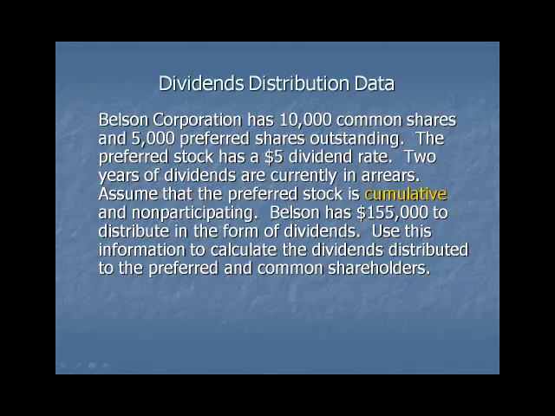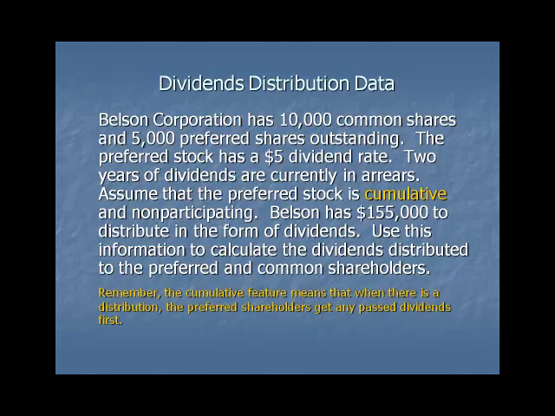First of all, what does arrears mean? That means 2 years of dividends were not paid to the preferred shareholders. So arrears means that they're owed, and it would be for the last 2 years.